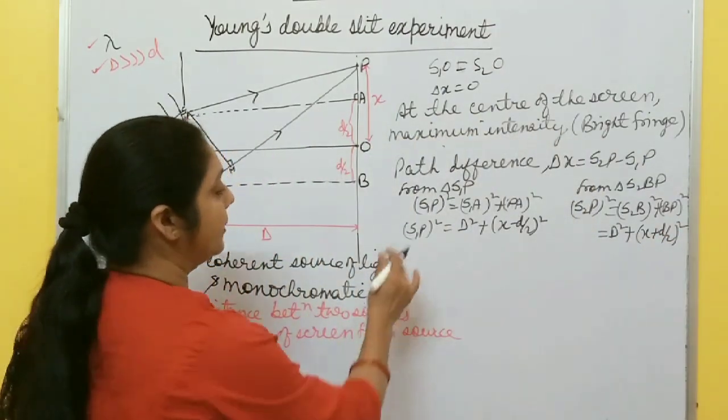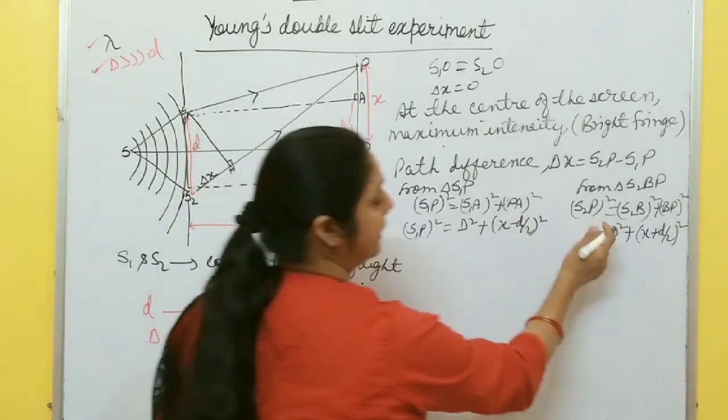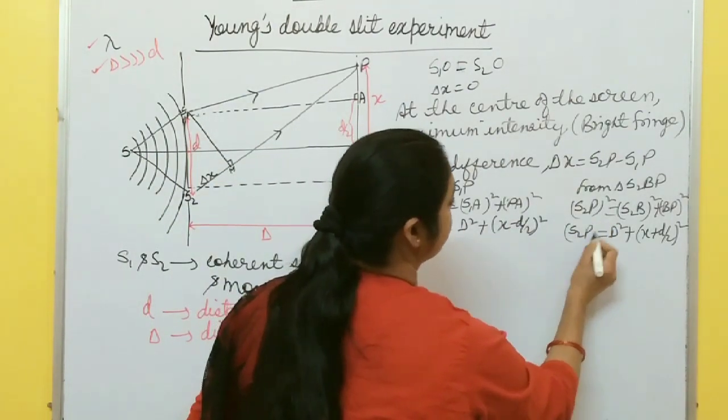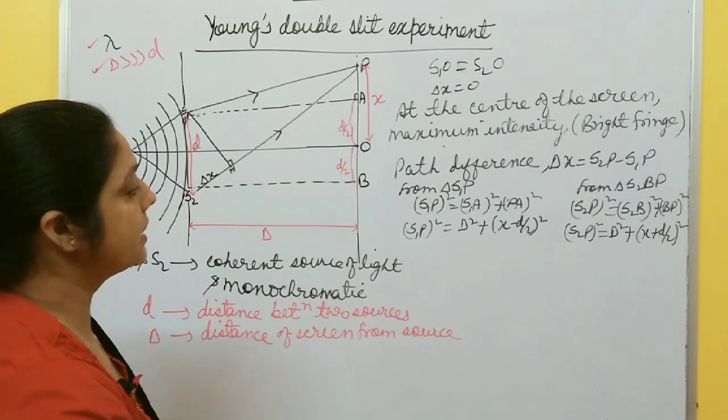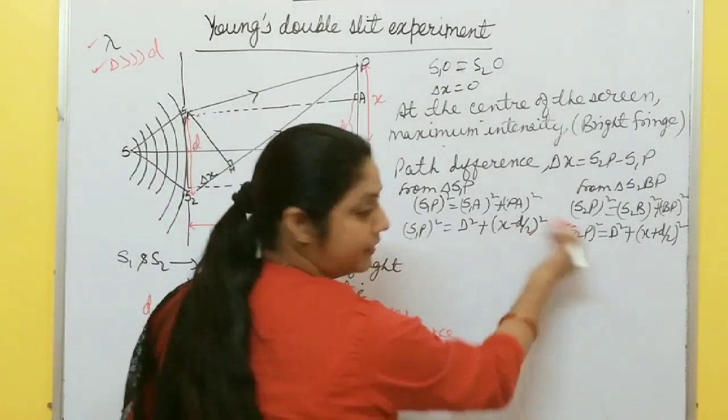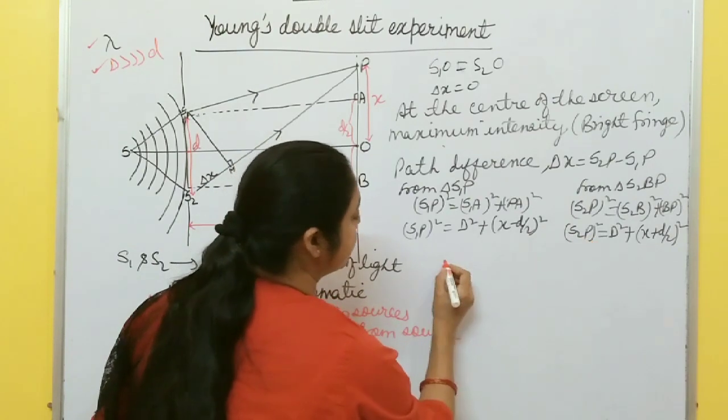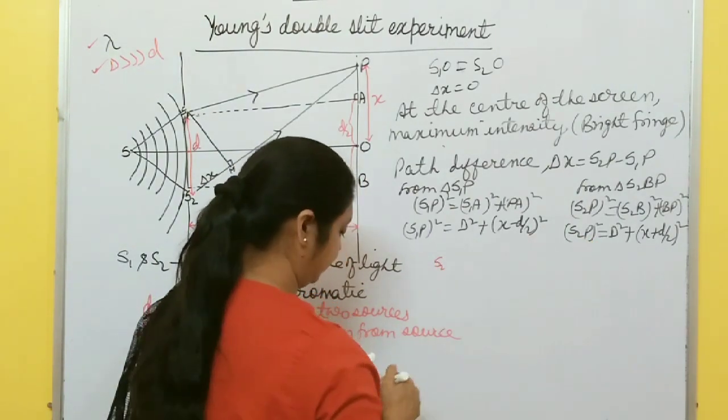Now you have S1P square here and S2P square here. We want S2P minus S1P, so just subtract these two equations.